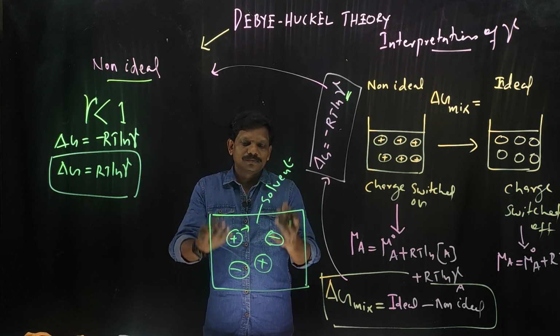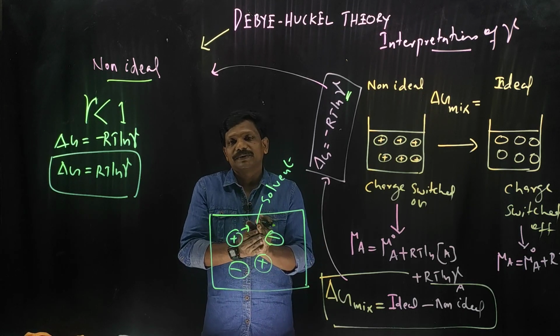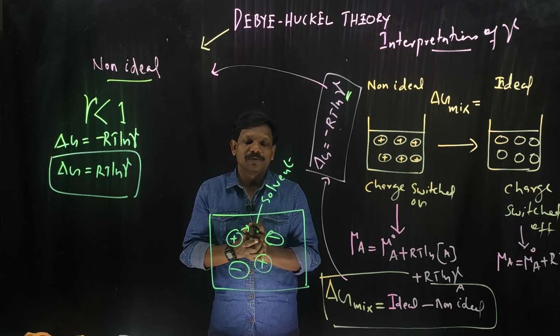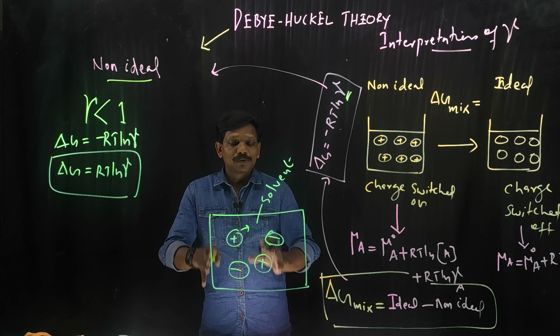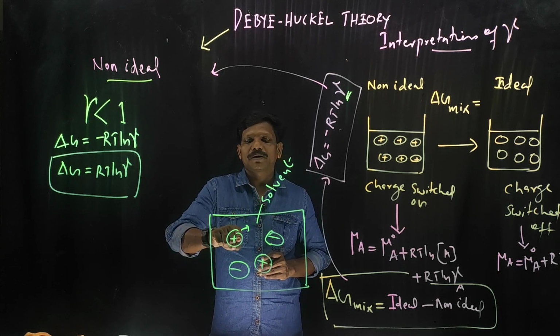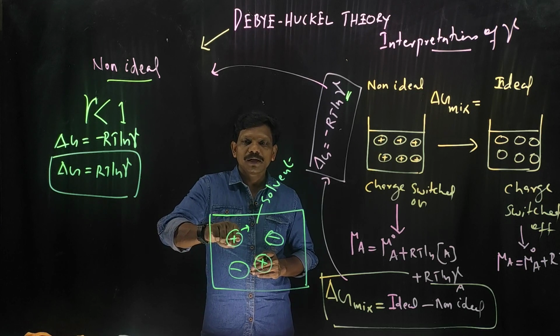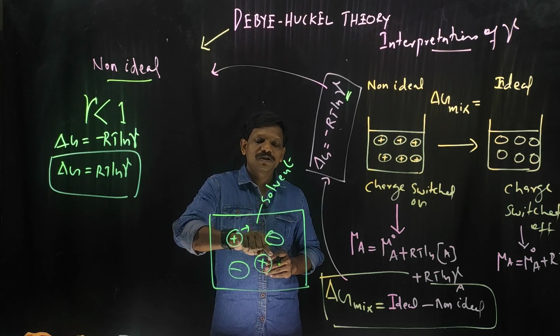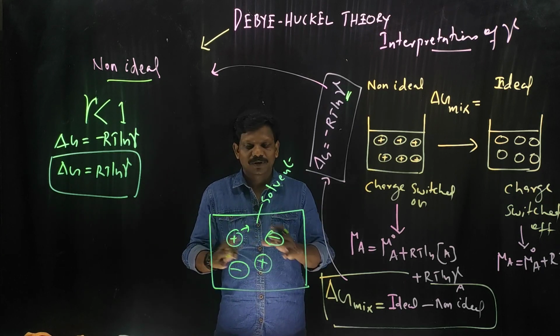And there is also another chance, that is, it will meet the other ions. The important thing here is that the encounter of this particular ion is most probably with the unlike charge, not the like charge.